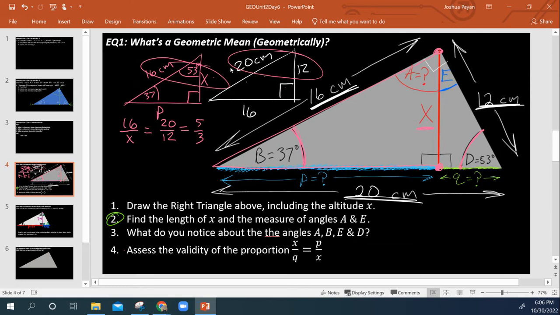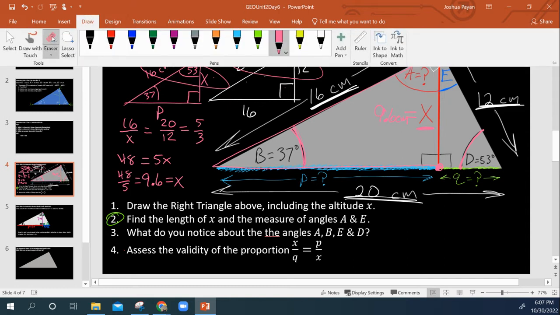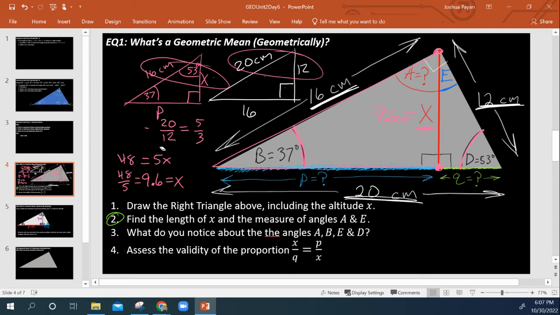Then when we cross multiply, 48 is equal to 5x. Divide by 5. Off the top of my head, not sure what that decimal is going to be. 48 over 5, so we get 9.6 is going to be the length of our missing altitude here. It's about 9.6 centimeters.